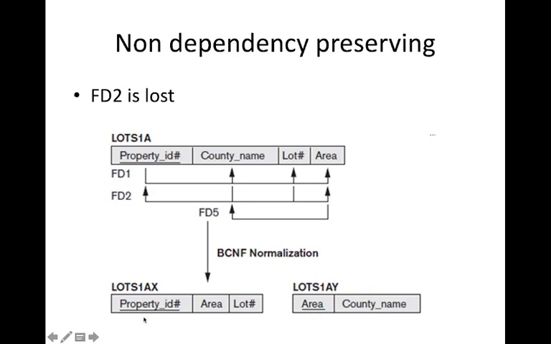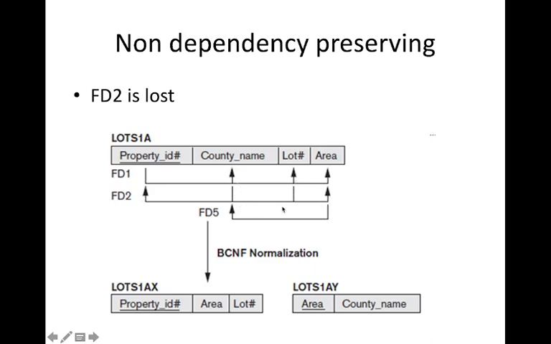If we check, the super key is property ID, and area and lot number depend on property ID. Similarly, here county name depends on area, where area is a super key. So these two relations satisfy BCNF. Now if we look at this decomposition, we can see FD2: property ID is dependent on county name and lot number, and similarly area is dependent on county name and lot number.